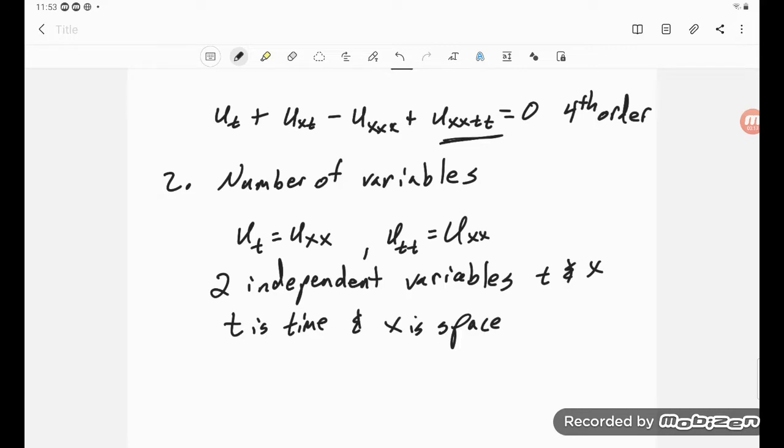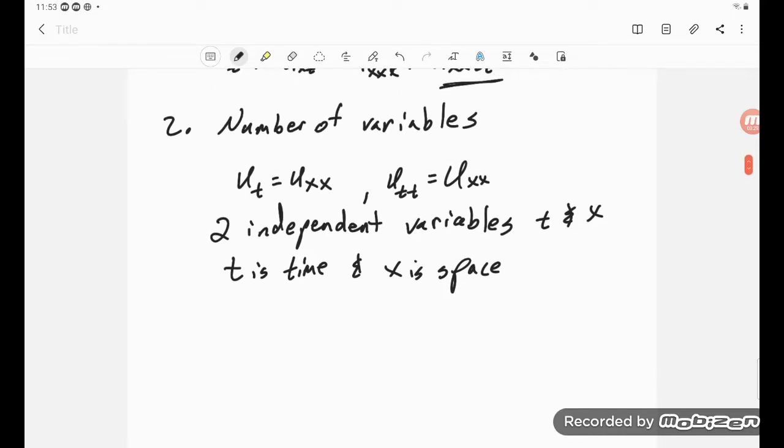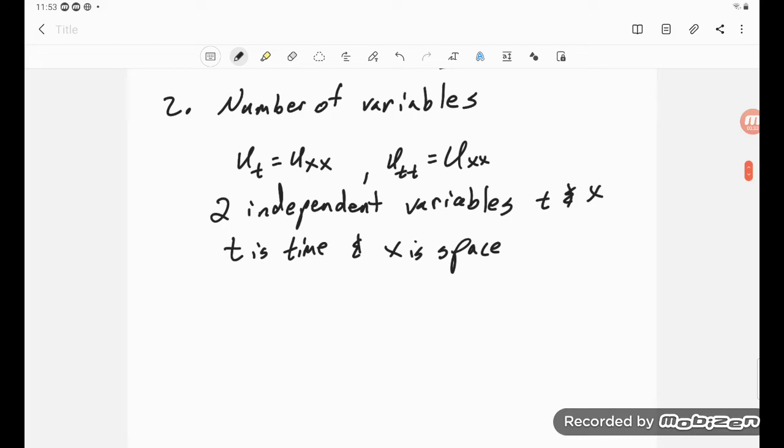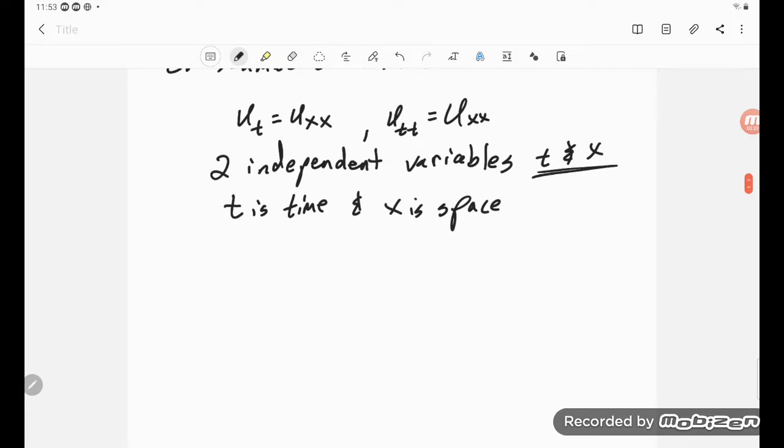So, we could use t's, we could use y's, it doesn't really matter. We see there are 2 independent variables, so we would call this 2 variables. We don't count the dependent variable, the u in this case. So it's a function u of x and t. So it's the number of independent variables making up u.